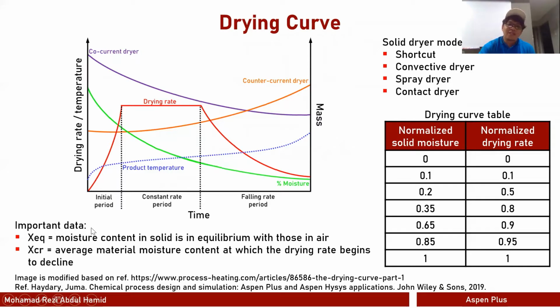So at the initial period, you can see that the drying rate increases pretty sharply. The reason is that at this point, there's going to be a transfer of sensible heat from the hot element or hot air into the water or solid itself. So water gains energy, and some of it has enough critical energy to change phase from liquid phase to a vapor phase, and then join the air stream.